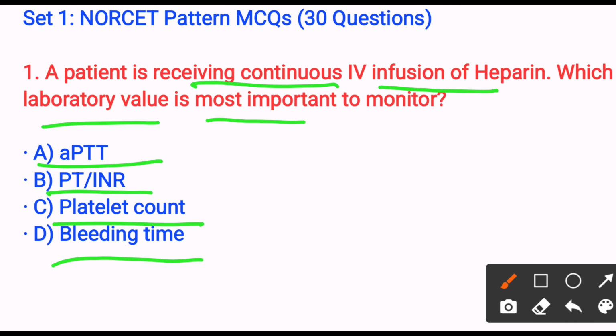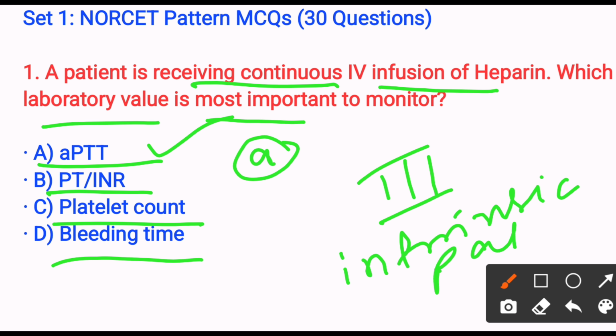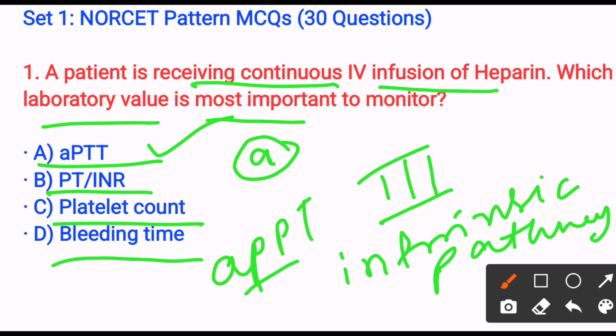The answer is option A, APTT, because heparin works by potentiating antithrombin 3, primarily affecting the intrinsic pathway. APTT, full form activated partial thromboplastin time, is the standard monitoring parameter to ensure the therapeutic level.